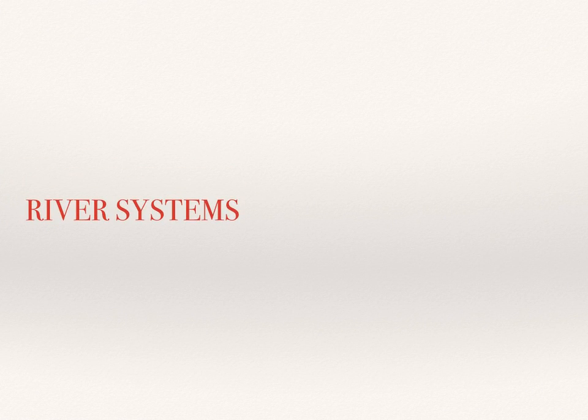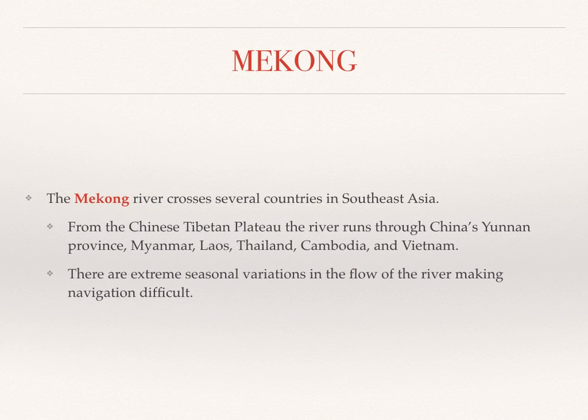River systems. Mekong. The Mekong River crosses several countries in Southeast Asia, a major river. It begins around the Tibetan Plateau, and it runs through China's Yunnan province, then on through Myanmar, Laos, Thailand, Cambodia, and then on to southern Vietnam.